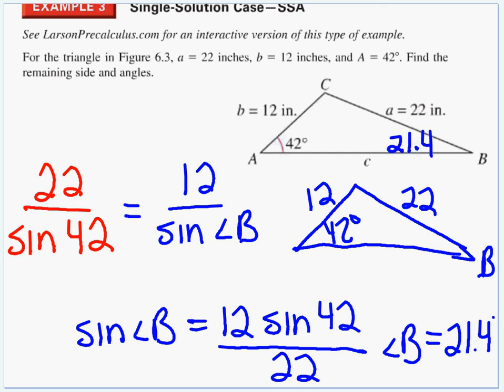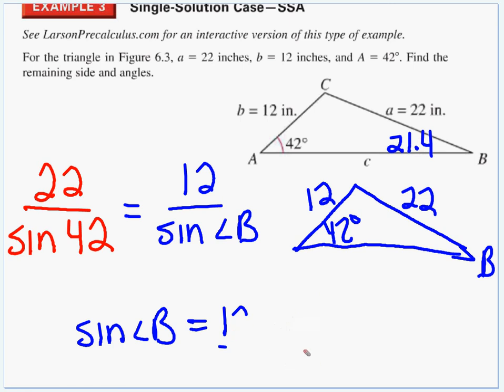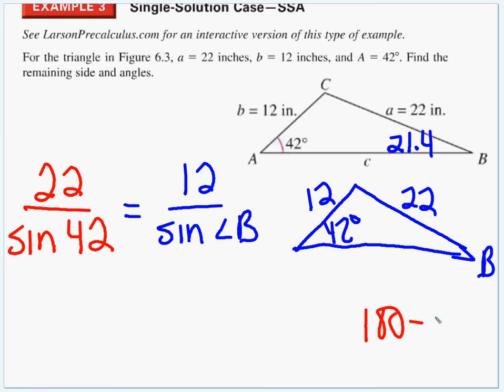Now here is where we're going to check for our second possible triangle. And the check is very simple. I'm going to take 180 minus this angle B, 21.4. And if I subtract that, I get 116.6.